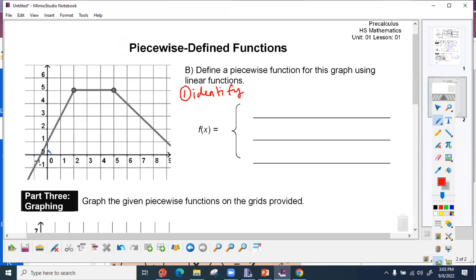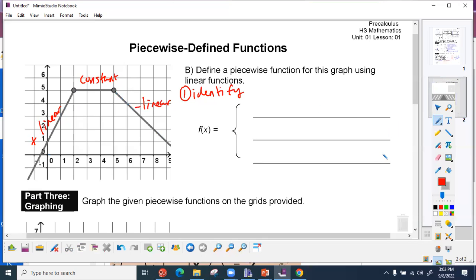Reading from left to right, this is a positive linear. Everyone agree? From here to here, this is a constant. And then from here to here, we have a negative linear.